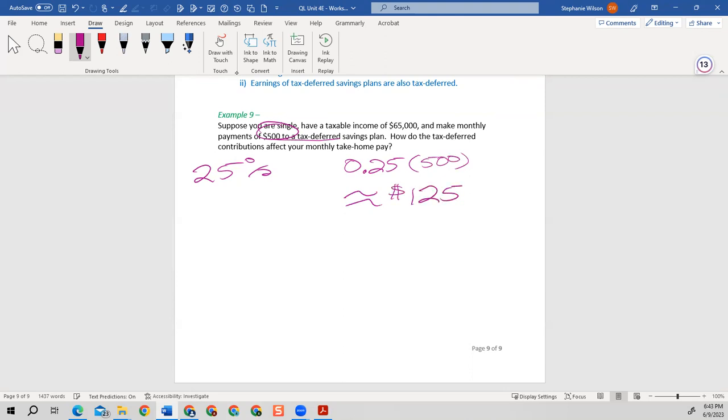So in other words, $500 goes into your tax deferred savings account each month, but your monthly paycheck goes down by only $125. So you take 500 minus that 125, and you get 375, and so on.